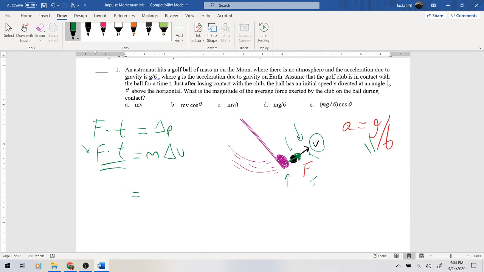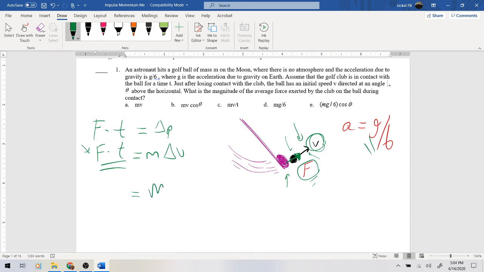So velocity will be in the direction of the force. So this force and v are parallel, and the angle between the ground and the club is not going to be important in that case.